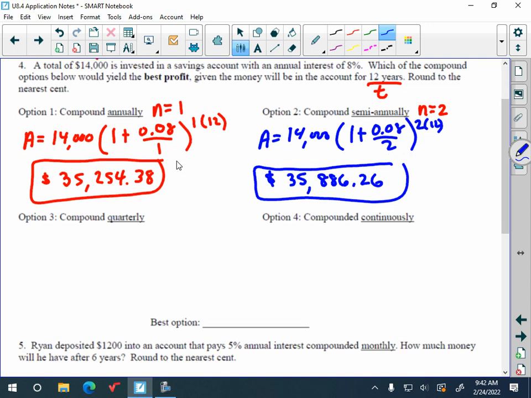All right, option 3, quarterly. So now n is 4. Think of 4 quarters in a dollar. So 14,000 times 1 plus r, 0.08, divided by 4, raised to 4 times 12. So now we're raising it to the 48th power.